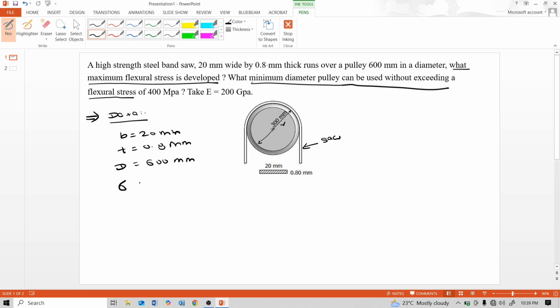That means flexural stress is not exceeding 400 MPa. And E, Young's modulus or modulus of elasticity, is 200 GPa, that means 200 into 10 raised to 3 MPa.